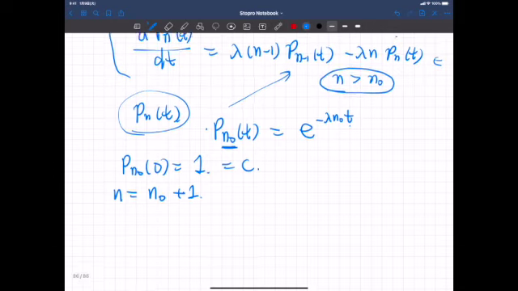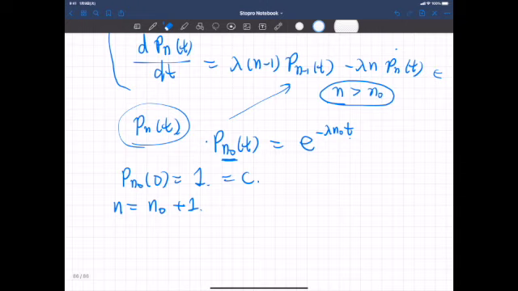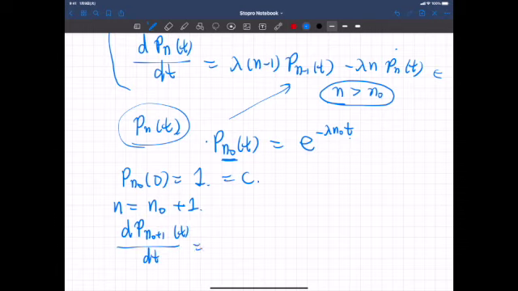To be explicit, dP n0 plus 1 over dt equals lambda n0 P n0 of t minus lambda n0 plus 1 P n0 plus 1 of t.